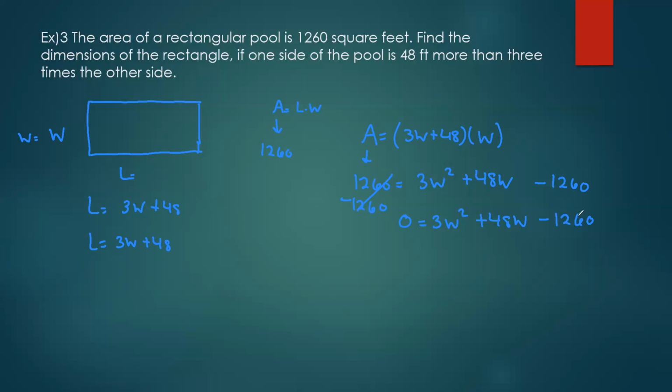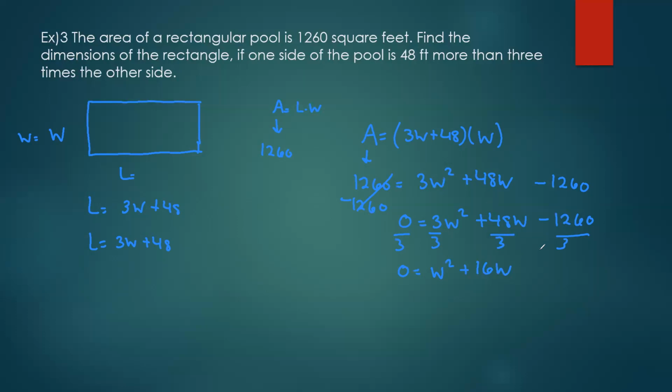Okay, and then got to solve for w, so could I do something? Can I get rid of this 3 by dividing everything by 3? Yes, I believe everything is divisible by 3, so divide everything by 3, including the 0. So 0 divided by 3 is 0. This would be w squared plus 16w.